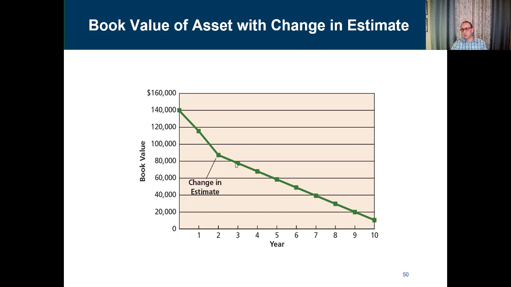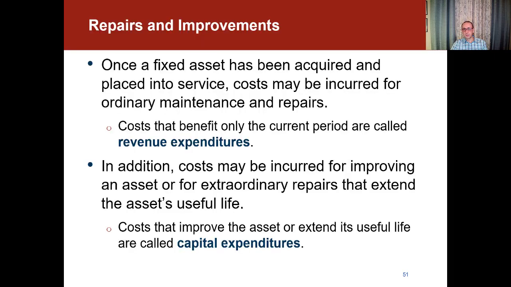Now it's only going down by $10,000 per year, based on the new calculation that we just made. And at the end of its useful life, which is after 10 years, we expect the residual value to be only $8,000. So you can see this is like a graphical presentation of what we have just done.